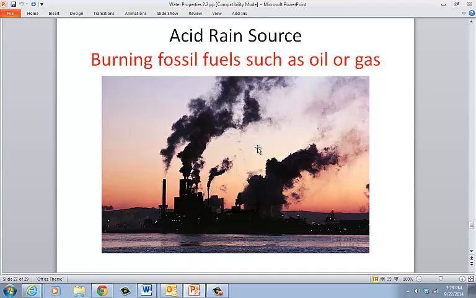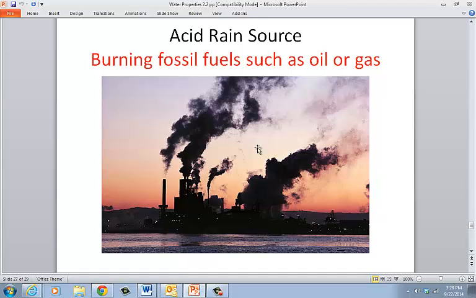It combines with the hydrogen in the atmosphere, and it makes an acid. And then when it rains, the pH of that water is now lower than 7. And so that's going to cause a problem.